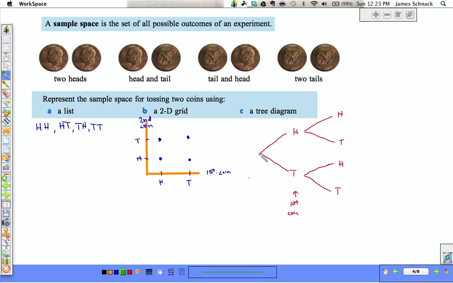So we could follow the top branch and get head, head. Or we could follow the top branch and get head, tail. We could follow the bottom branch and get tail, head. Or we could follow the bottom branch and get tail, tail. All 3 of these are good ways of showing the entire sample space when looking at probability and events happening.